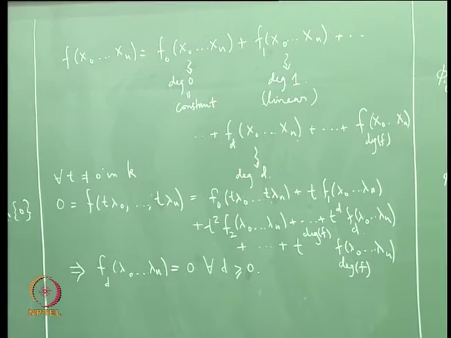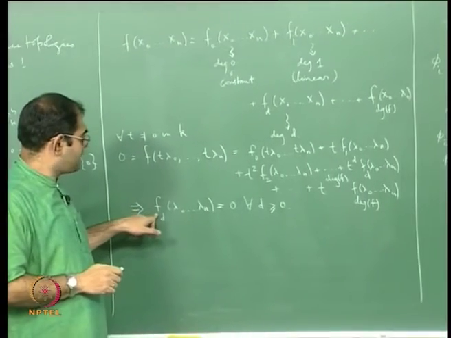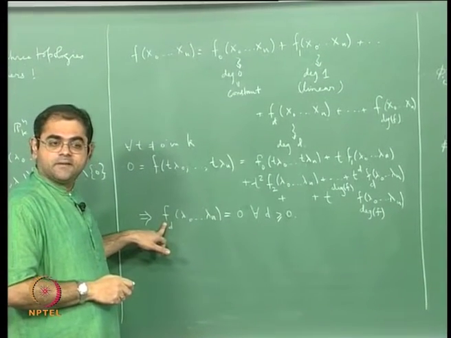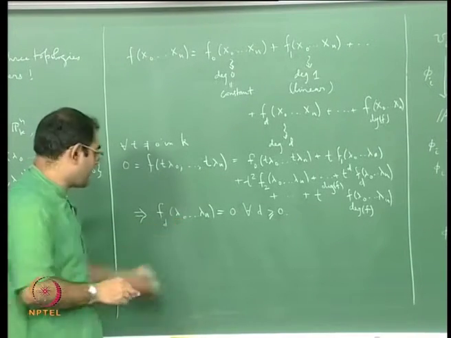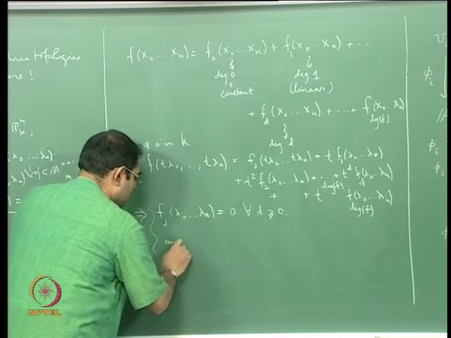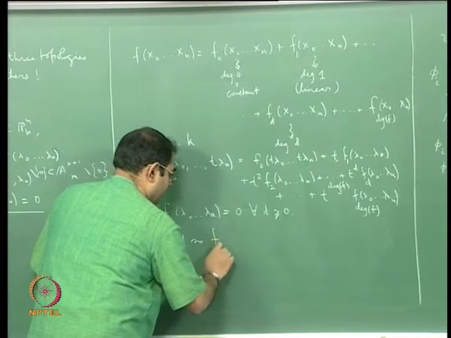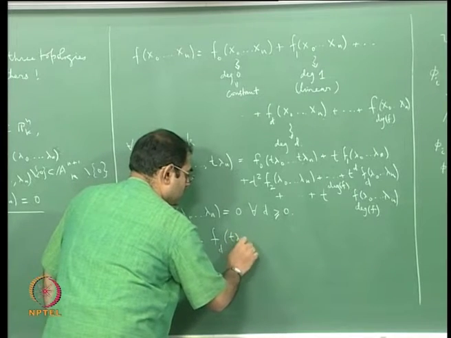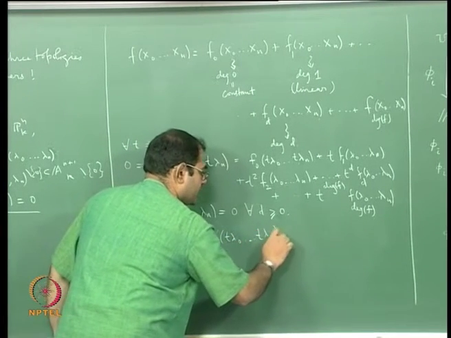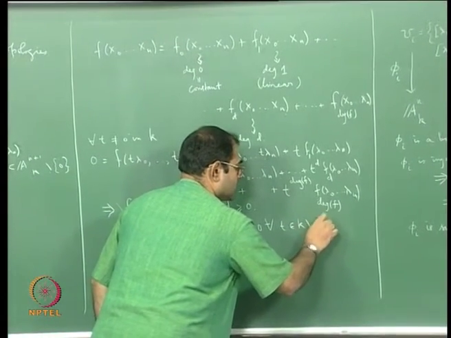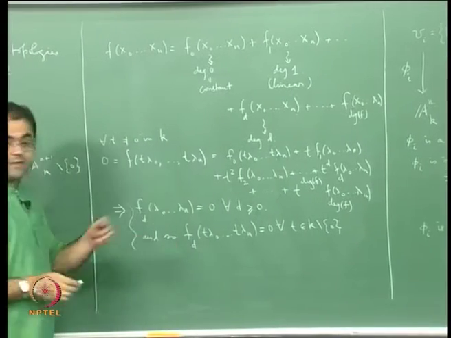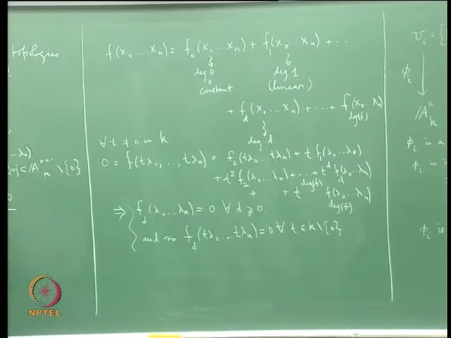I claim that each fd vanishes, and so fd of t lambda naught etc. t lambda n also vanishes for all t in the scalars which is non-zero. This is my claim.